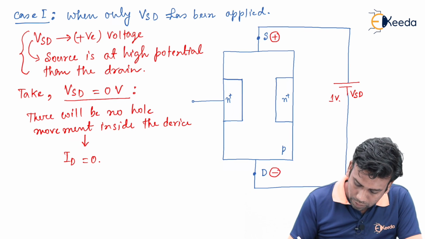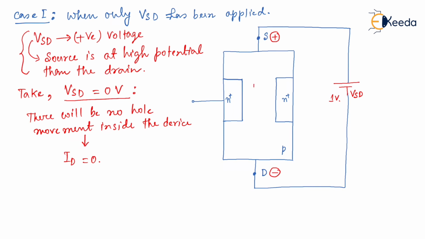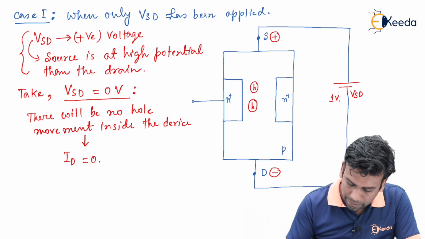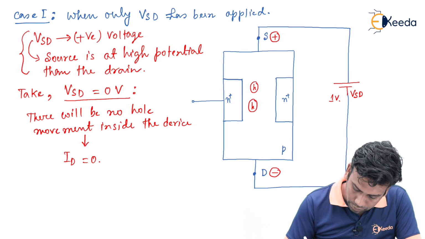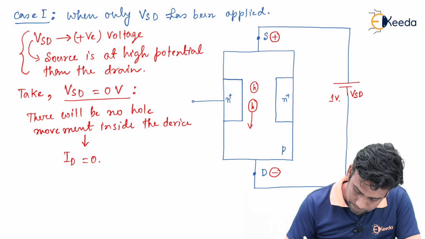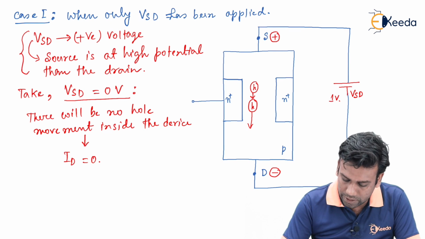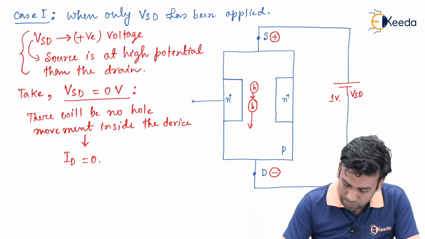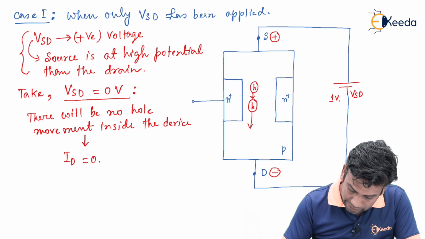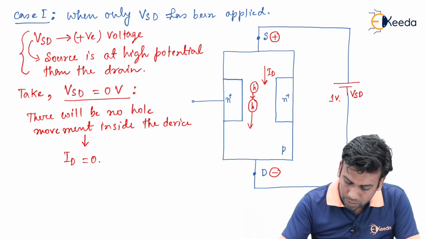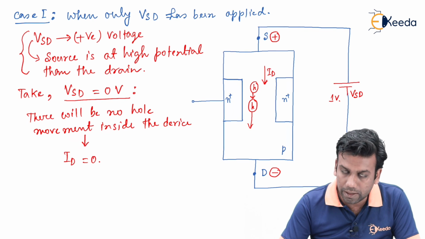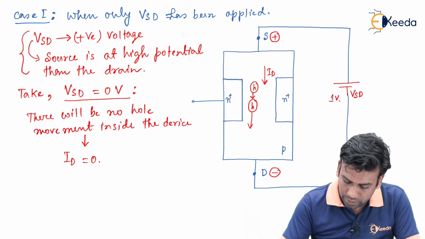So the holes in this P type region, there are so many holes, will be moving in the negative direction, that is towards the drain terminal, and due to this movement of the holes we will get a current in the direction from source to drain, and the current is ID.